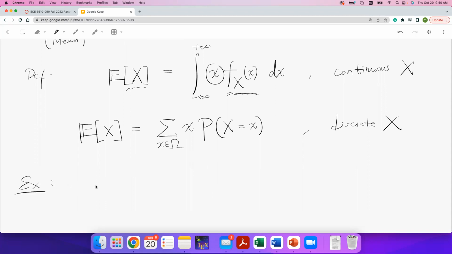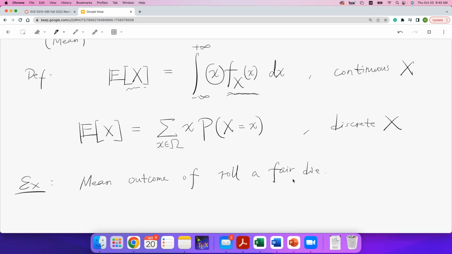A simple example is, what is the mean or the expectation of the outcome of rolling a fair die?